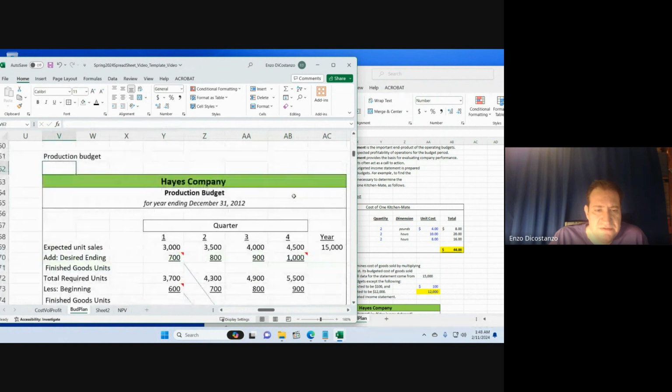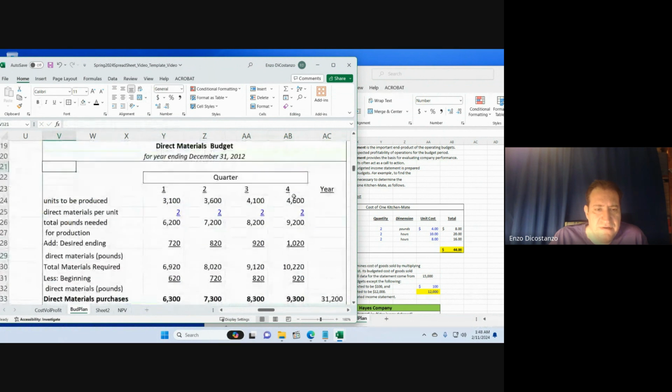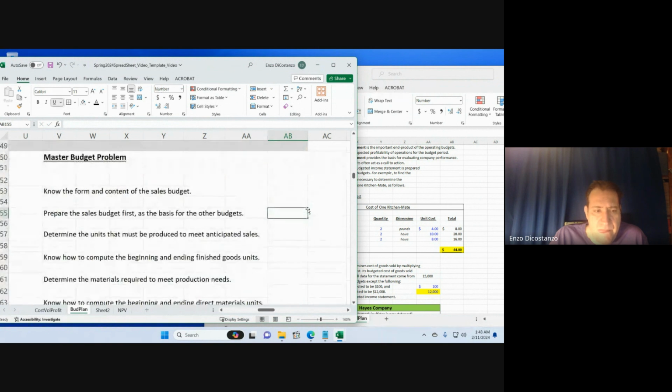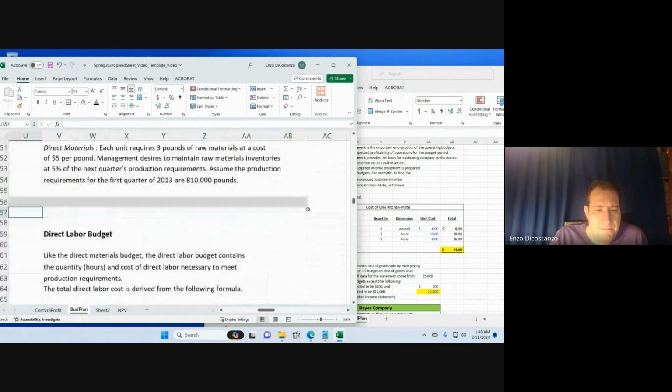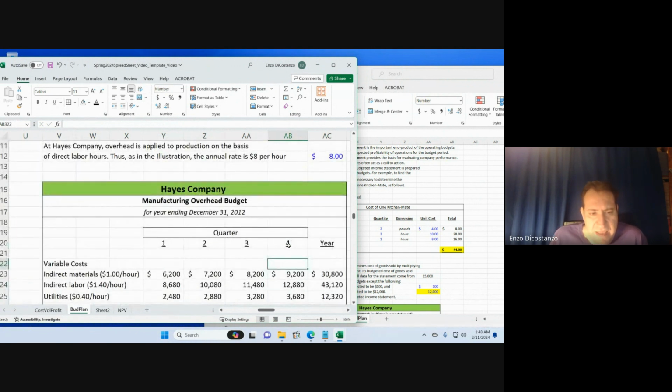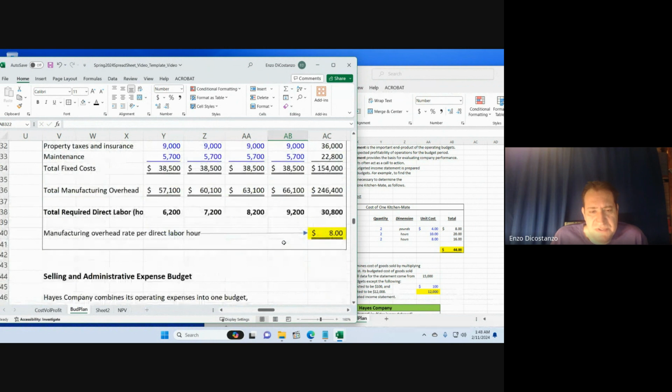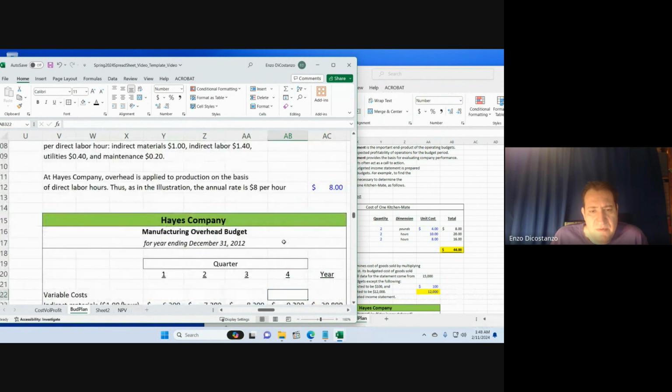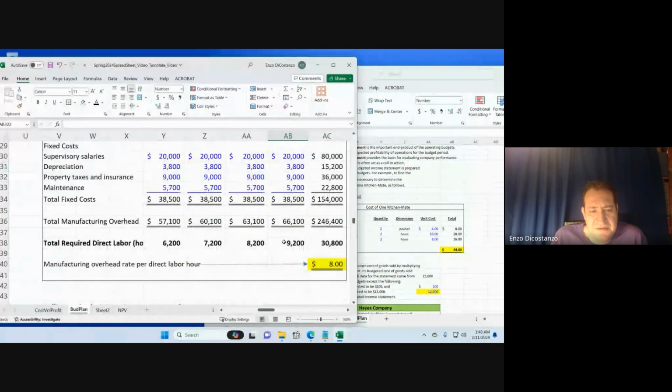So sales, production, materials, your 2 units, which matches that 2 there, 2 pounds per unit. Two hours per unit here for direct labor. And the overhead budget is also that number. And we put that in here somewhere.